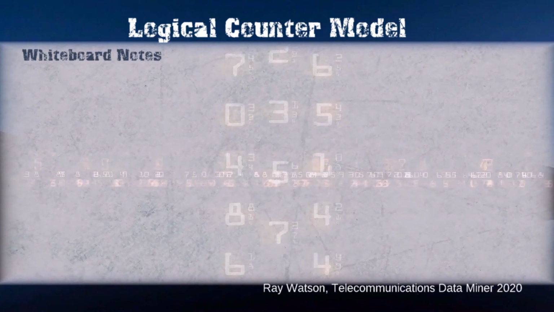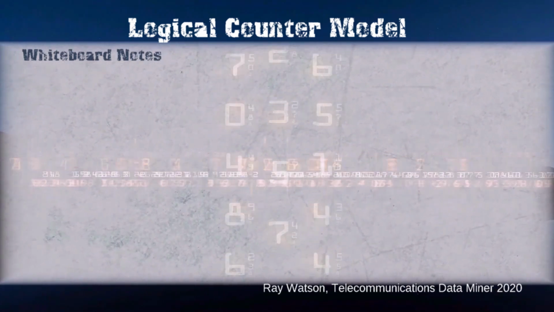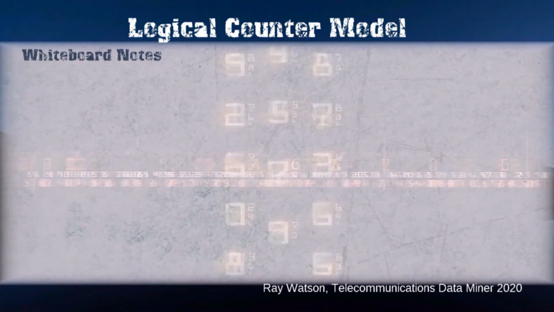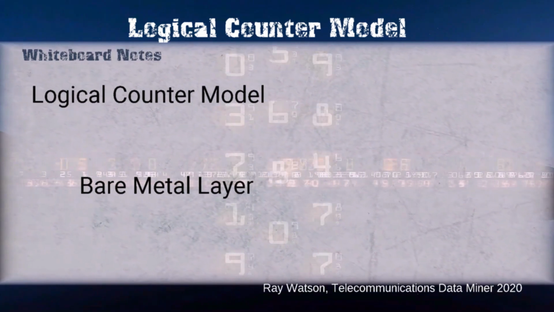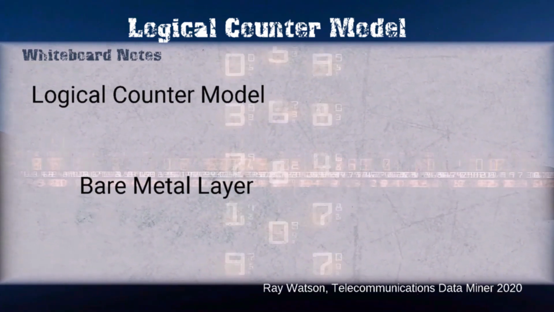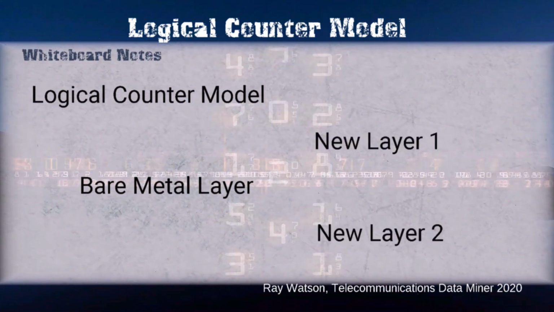As we transition into virtualization, we will see legacy counters associated to an individual specialized bare metal layer provided by a single network equipment vendor split into two new layers provided by two separate vendors.